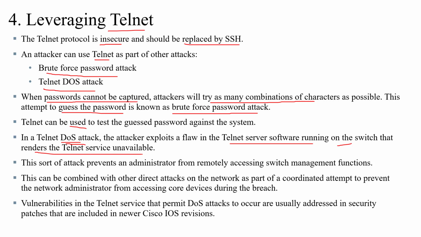A denial of service attack is very easy. It is an attack that prevents the administrator from remotely accessing the switch management. That means you can stop the administrator from entering the switch. We can make the device busy. Using telnet, you can create a denial of service attack on any switch.